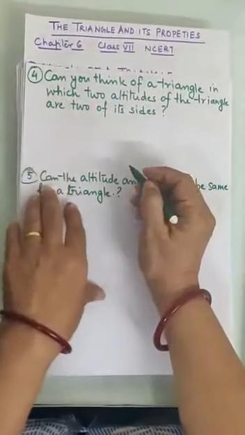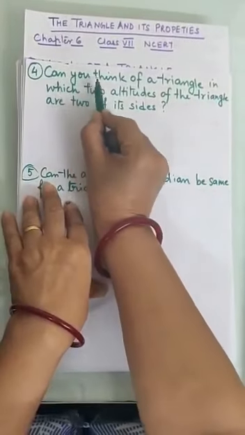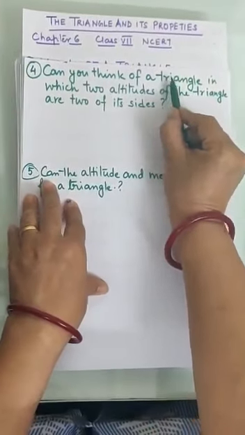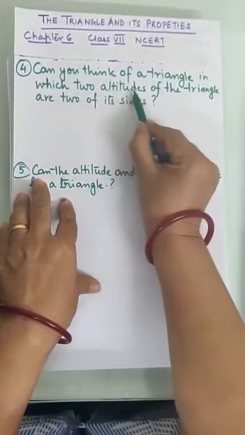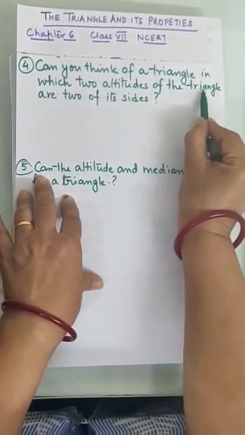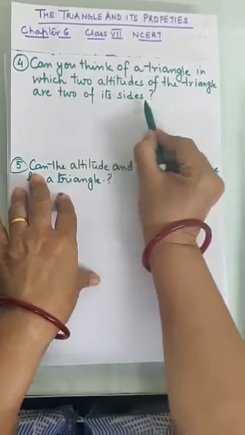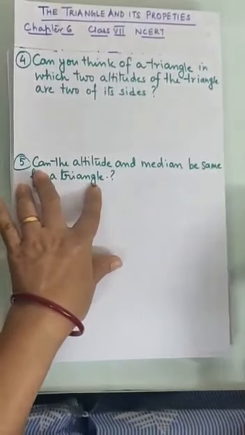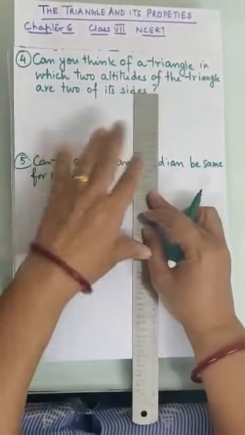Question number 4 is, can you think of a triangle in which 2 altitudes of the triangle are 2 of its sides? So we can always think of a triangle. It is a right angled triangle you see here.